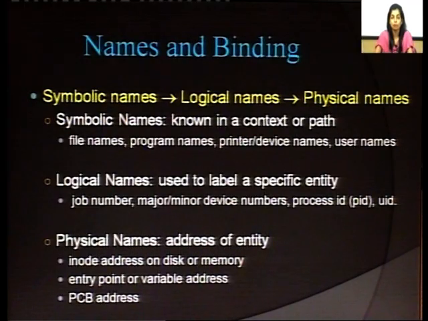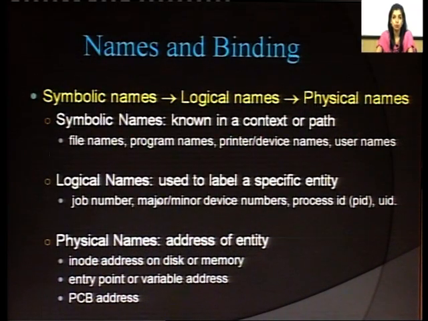In operating system language, the symbolic name is the name of a variable, and the logical address is generated by the CPU. Then we add some bits to the logical address, which converts it into a physical address. A symbolic name is the path of a file, program name, printer name or user name.